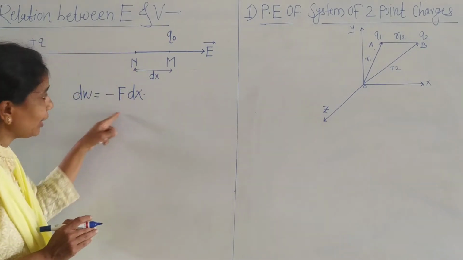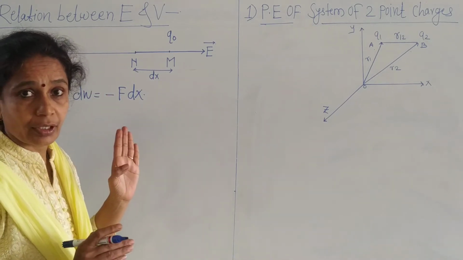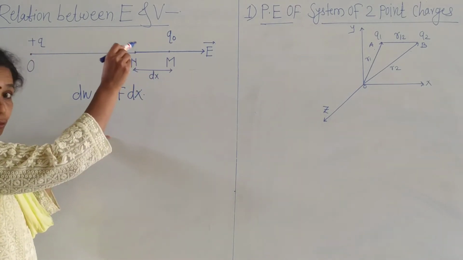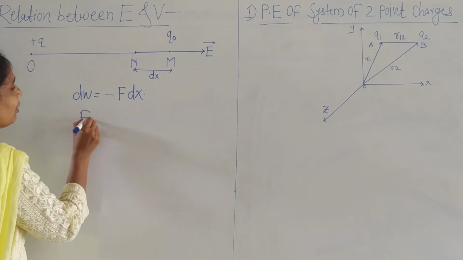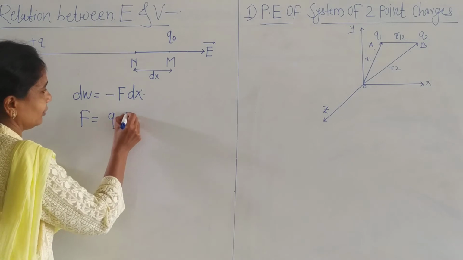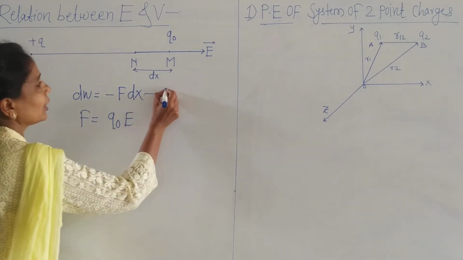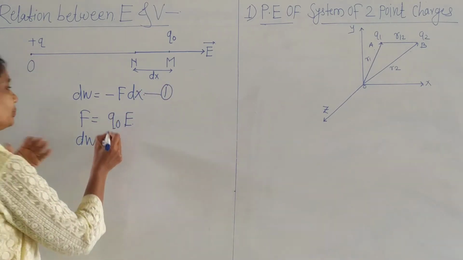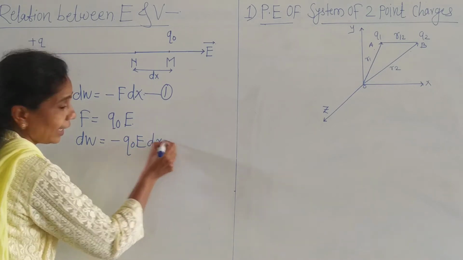Now what is the value of force? The electrostatic force acting on the unit positive charge Q0 is given by the formula F is equal to Q0 into E. Therefore put this substitution in equation number 1. Then dW is equal to minus Q0 into E into dx.